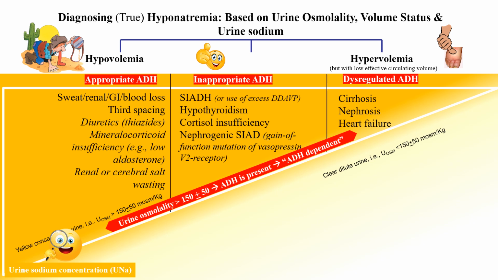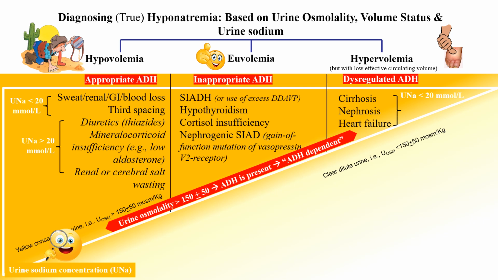For this reason, the urine sodium concentration is typically low or less than 20 millimoles per liter. Exceptions in the hypovolemic state include those conditions where the hypovolemia is due to ongoing renal sodium wasting. In these conditions, urine sodium concentration can be high and much greater than 20 millimoles per liter.